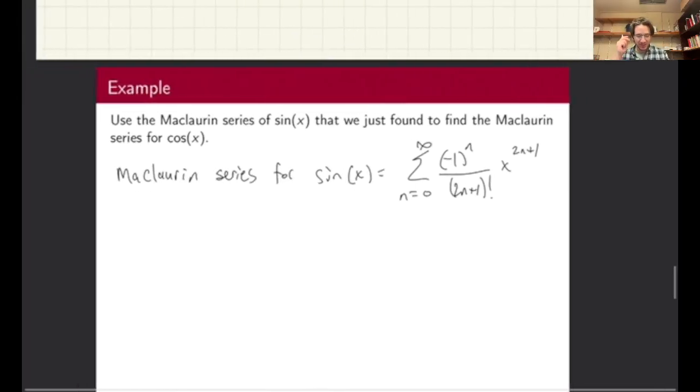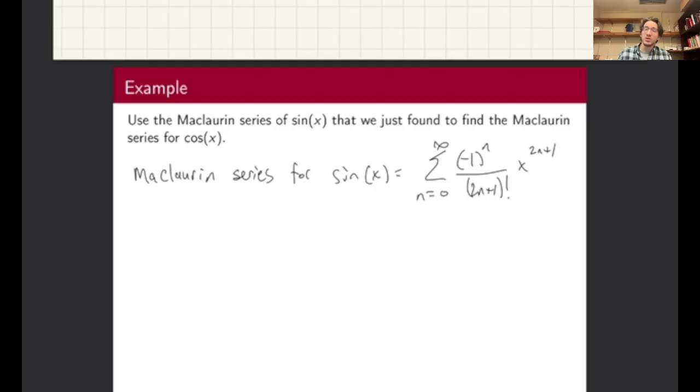Okay, that's pretty cool. So we can use what we used in the last video to get information about functions related to sine of x. For instance, cosine of x is the derivative of sine of x.